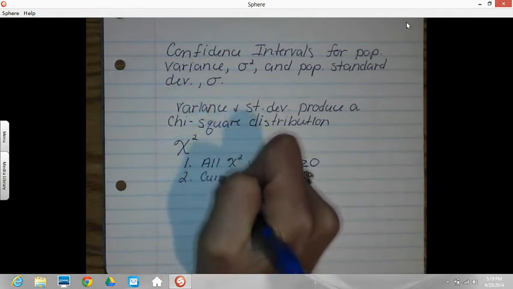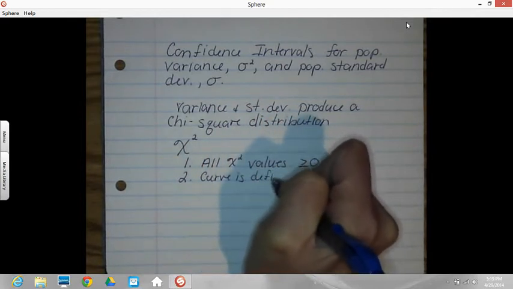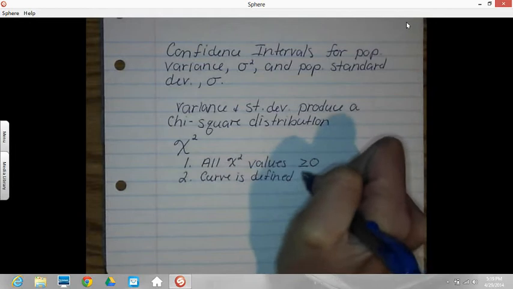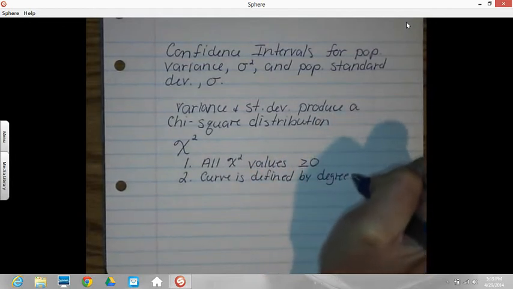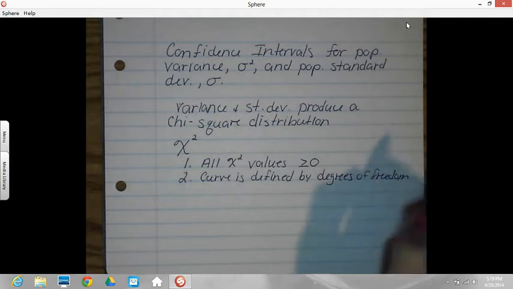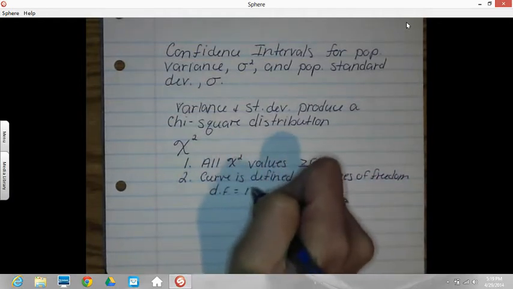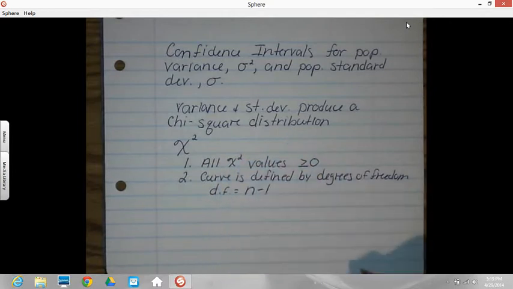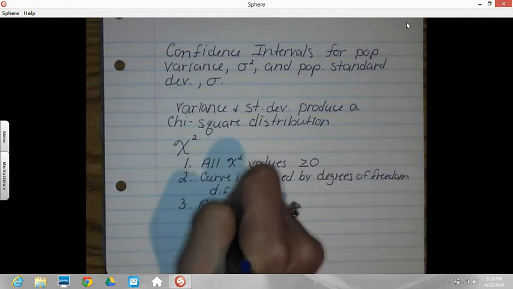The curve is defined by degrees of freedom. And just like the other day, our degrees of freedom are going to equal sample size minus 1. Area under the curve equals 1.